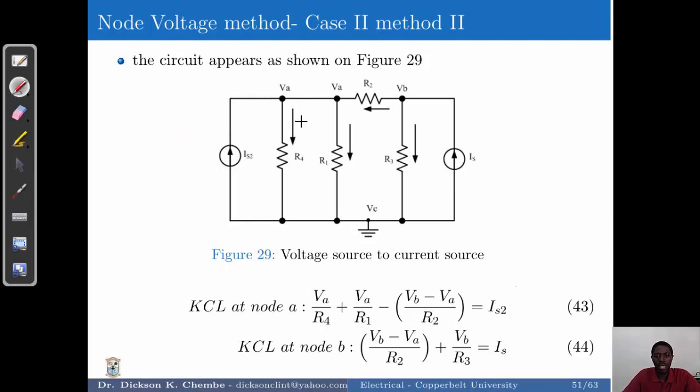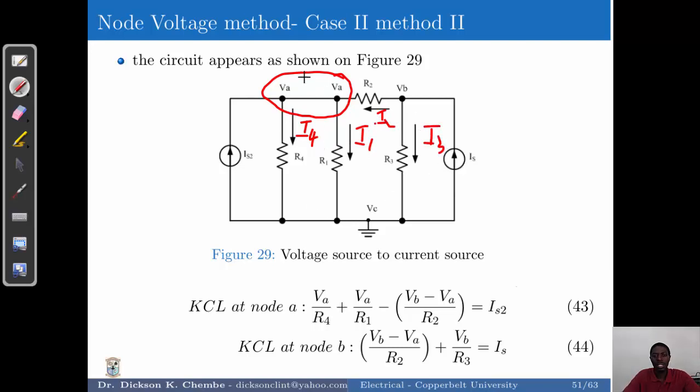equations. So at node A, we have currents IS2 entering, and we can label this as I4 leaving, and we can label this as I1, then this as I2, and this as I3.